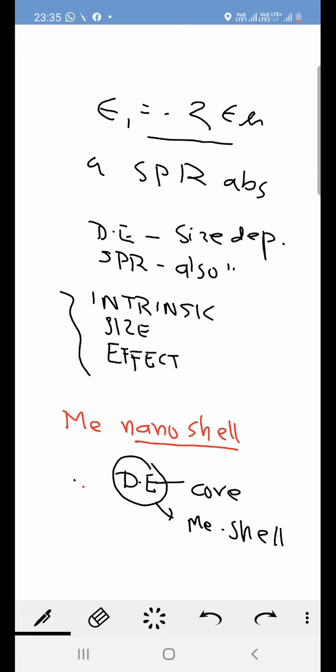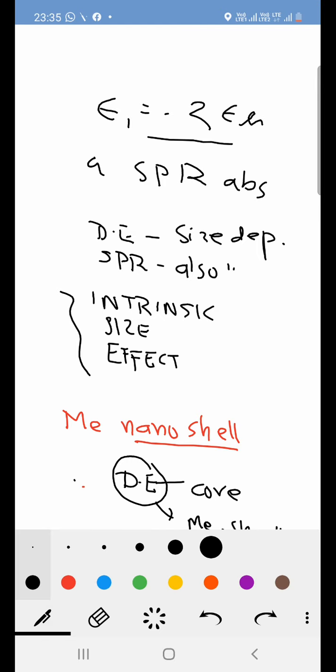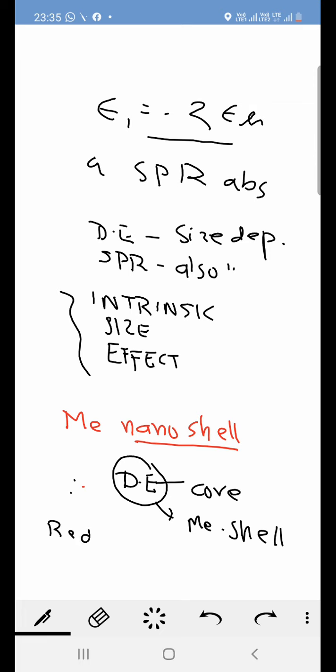In this condition, if you take the absorption spectra, it will show a red shift. It will move towards higher wavelengths. As the metal thickness decreases, we also get redshifts. So we can get redshifts in two possible cases: when we are forming a nano shell and the size of the metal nano shell is decreasing, and if we are depositing a film and the metal thickness decreases.